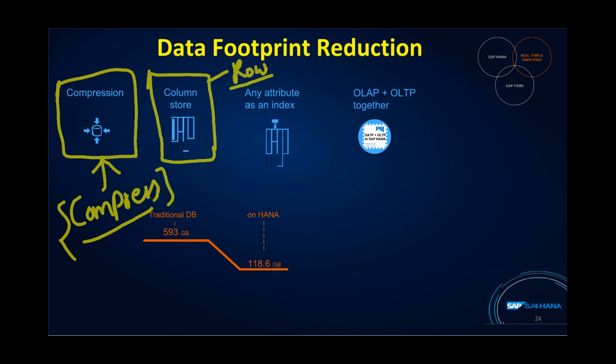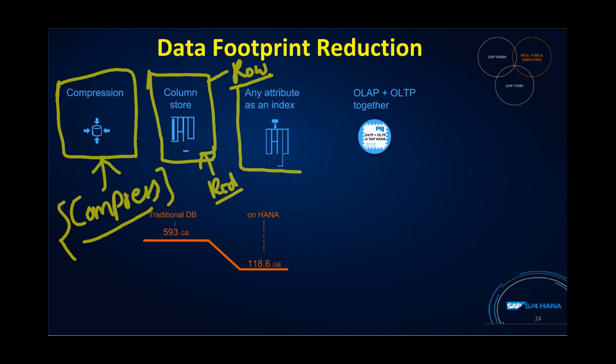We'll discuss in detail, when we talk about row-based and column-based data structures, what actually differentiates them and what the key differences are. The column structure also reduces the data footprint. When we store the data in columns, the system removes the duplicate values, and the data is further compressed, which helps to reduce the data footprint.